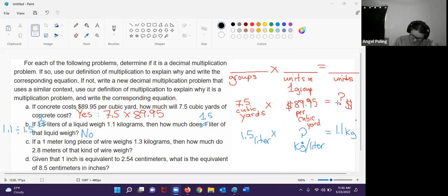Now we have 1.5 groups, right? That's our liters, times 1.1 kilograms per liter. That's our units per group. And now we are asking about the number of liters. No, sorry, kilograms.